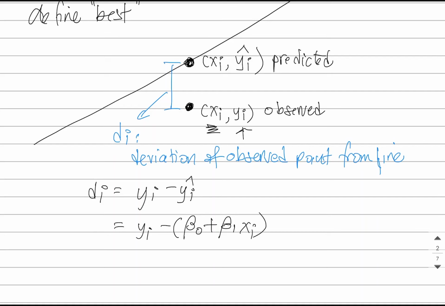And these are the deviations for each individual point. We want to try to minimize these. That's a pretty sensible idea. When we talk about the line that best goes through the data, it makes sense that we would like to get the line through as many of the points as we can.